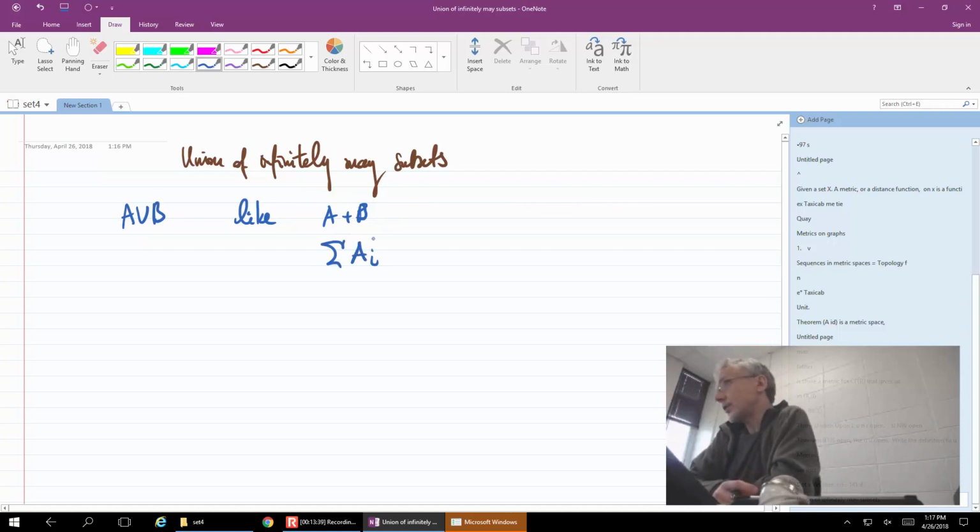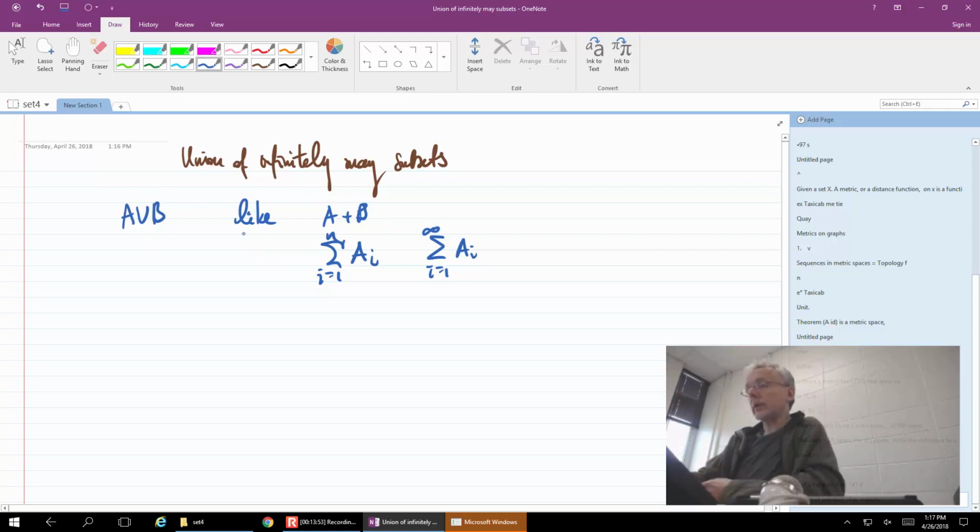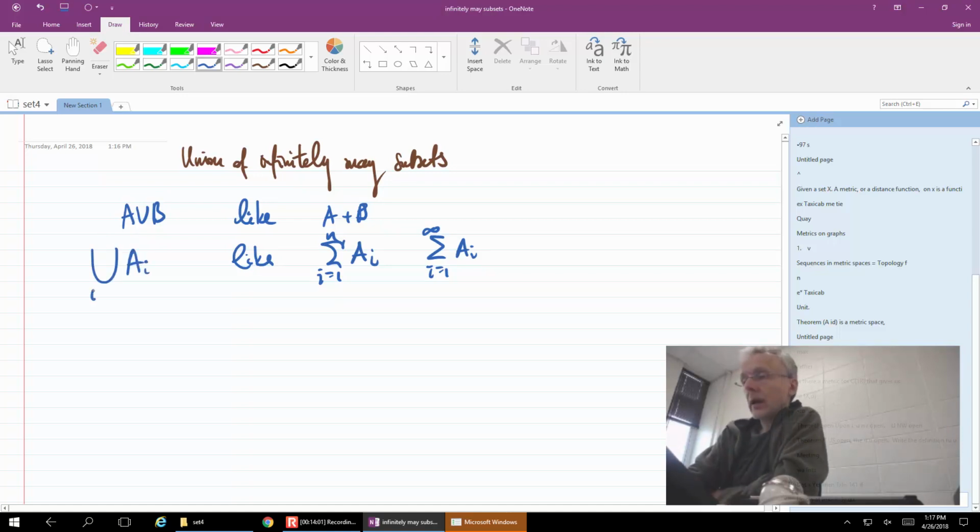So sigma notation works for series, finite or infinite sequences, equally. Like sigma a_i, i from 1 to n, or i from 1 to infinity, also possible, or from negative infinity to infinity. Similarly, we have a notation for the union: we just draw a big U. So union of a sub i from 1 to n, or from 1 to infinity, is all possible.